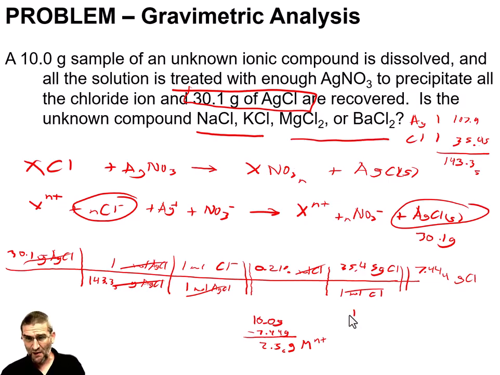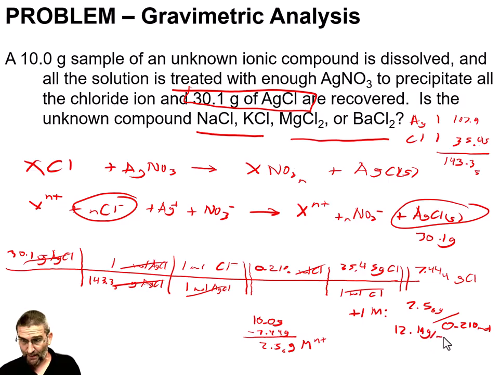So if it's a +1 metal, then we're going to have our 2.56 grams, and that's going to be paired up with 0.210 moles of the metal, and that would give us 12.19 grams per mole for whatever our metal is.